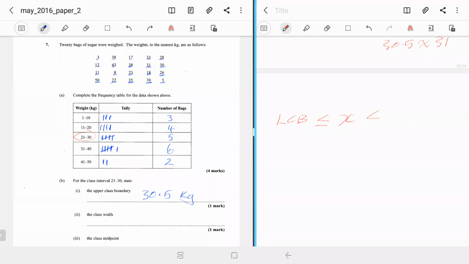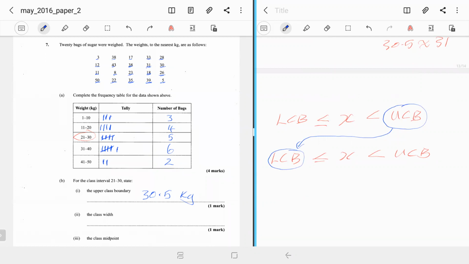The value in a class is always less than the upper class boundary, but greater than or equal to the lower class boundary. Because this upper class boundary becomes the lower class boundary of the next group. So the lower class boundary of the next group, this value, and this value is the same.